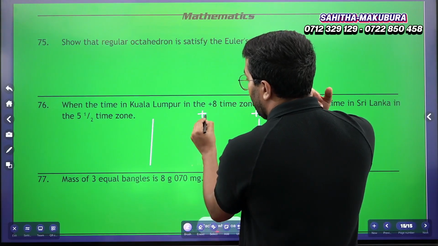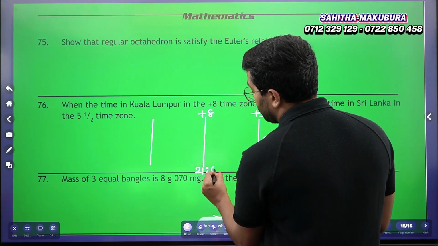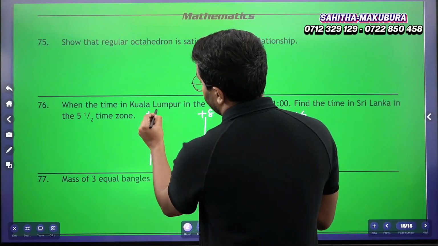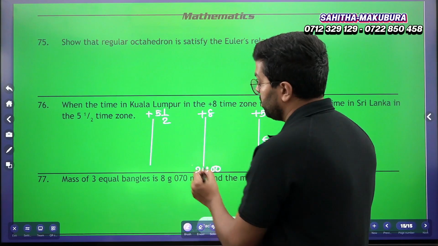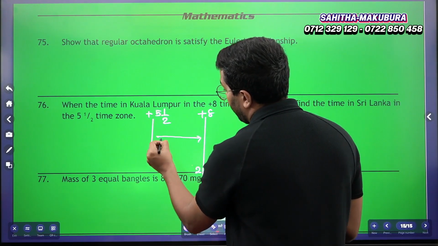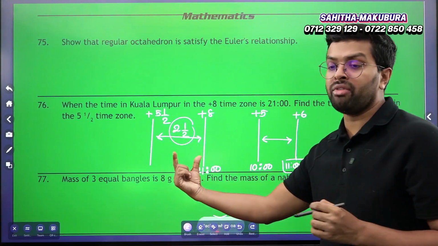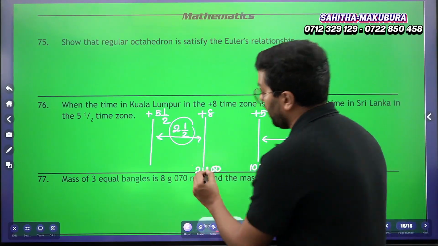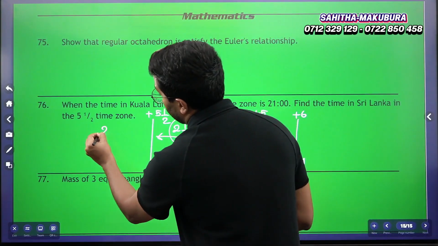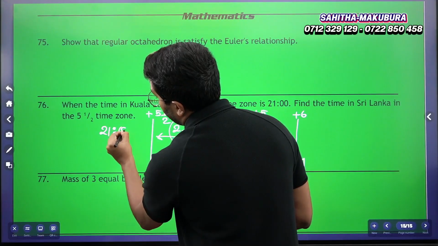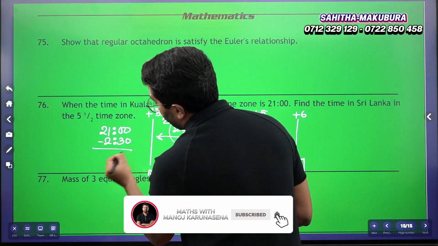According to the question, Kuala Lumpur in the positive 8 time zone has time 21 hours. We have a city in the positive 5.5 time zone and we are asking the time. The difference between 5.5 and 8 is 2.5, so the time difference is 2.5 hours. We subtract 2.5 from 21 hours, that is 21 hours minus 2 hours and 30 minutes, because we want the time in Sri Lanka.